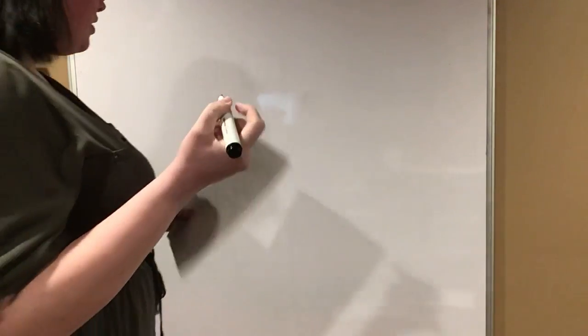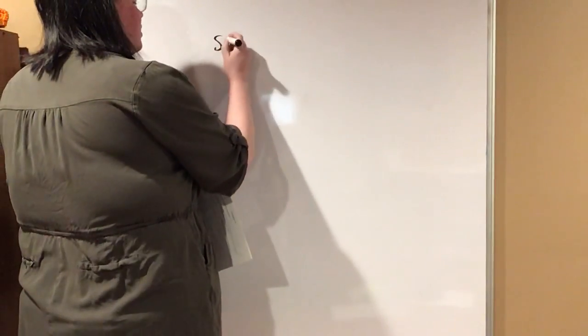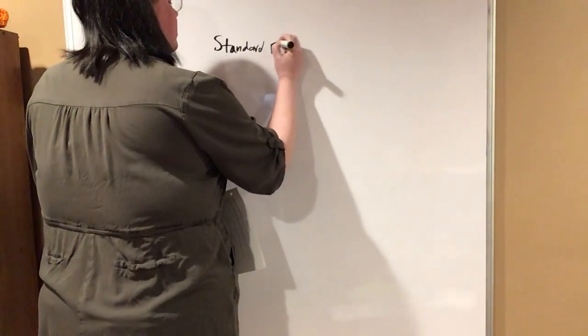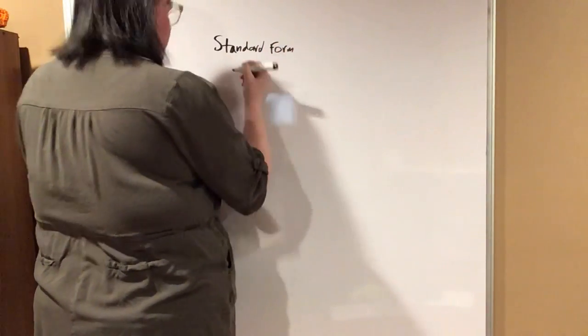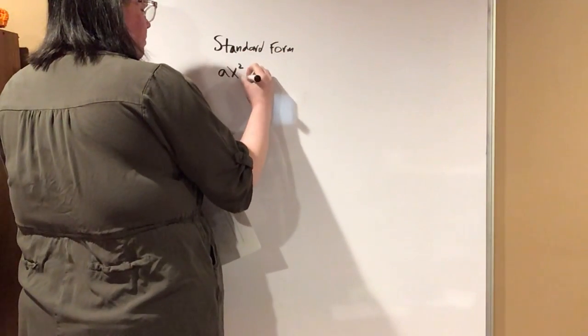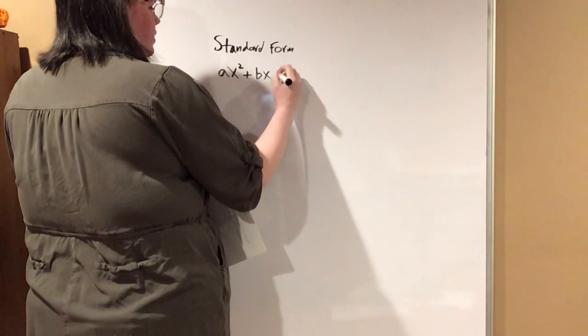So let's go into quadratics. So there's a standard form for quadratics. And this is your standard form for it: ax squared plus bx plus c, with a being a coefficient.